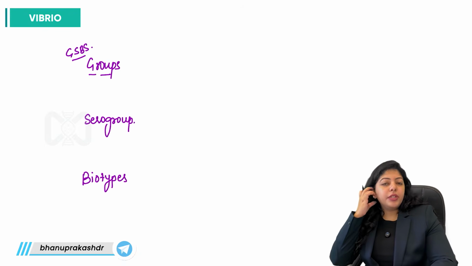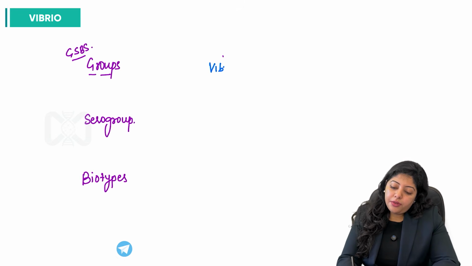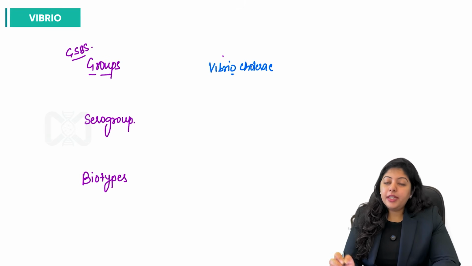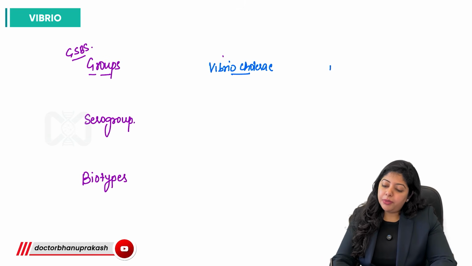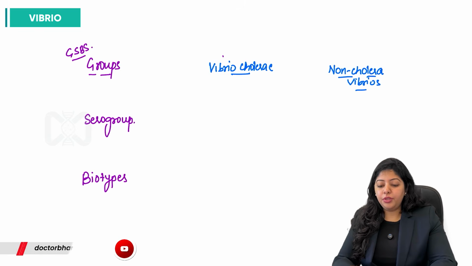So groups are naturally going to be Vibrio cholerae, which is responsible for cholera, right? And non-cholera Vibrios. See, this concludes the group.